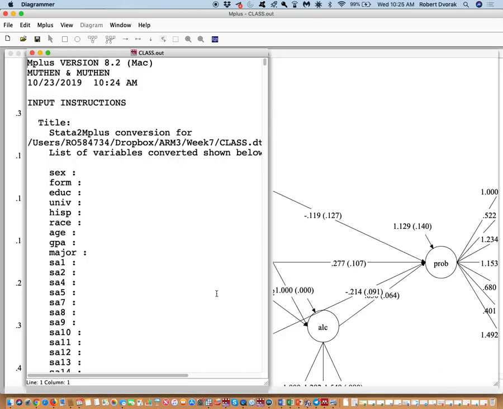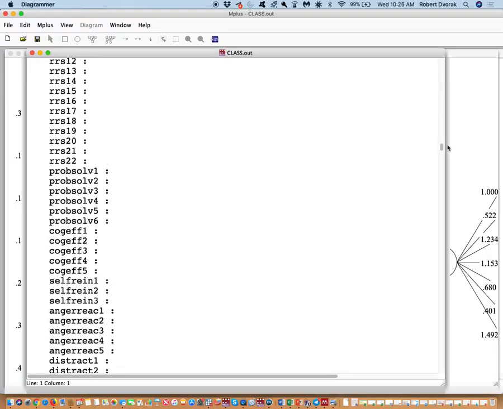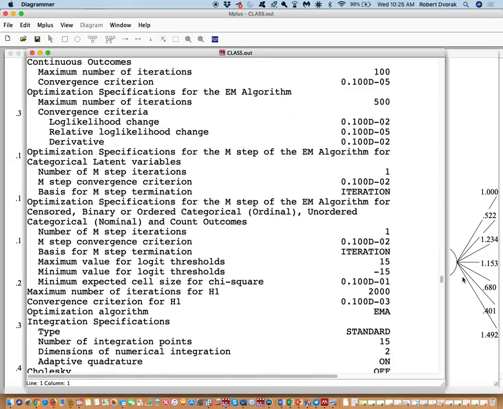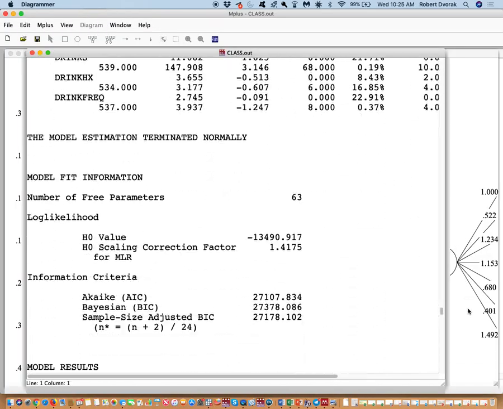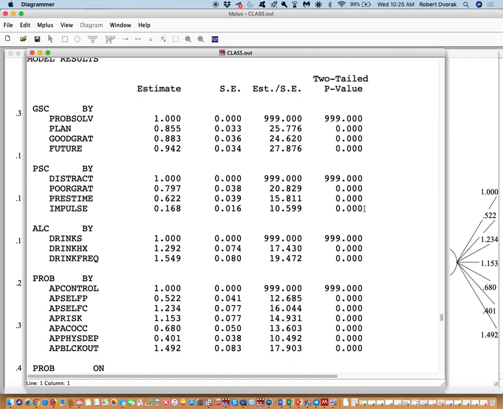Did anybody get an error? No? Okay. So we scroll down here. Everything terminated normally. This is still 1. And it shouldn't be setting it to 1 because we're already fixing it to 1, right? Now we're burning up 2 degrees of freedom per latent variable.